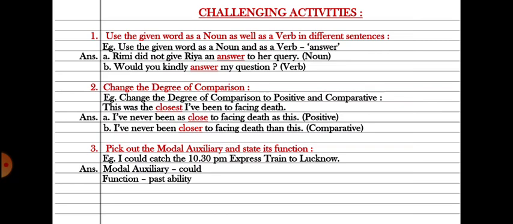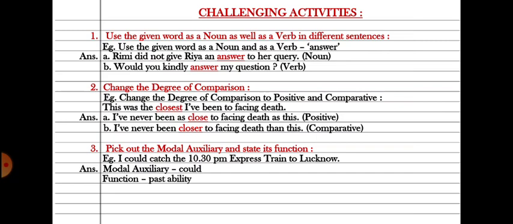Answer: Rimi did not give Ria an answer to her query. Over here, the usage of the word answer is in the form of a noun. Would you kindly answer my question? Over here, the usage of the word answer is in the form of a verb.